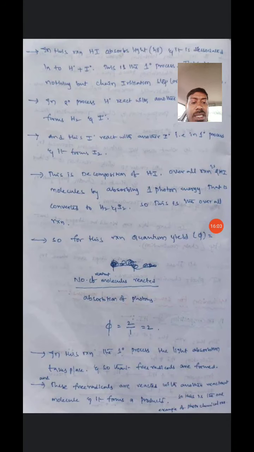These free radicals react with another reactant molecule and form products. So this is one example of a photochemical reaction.